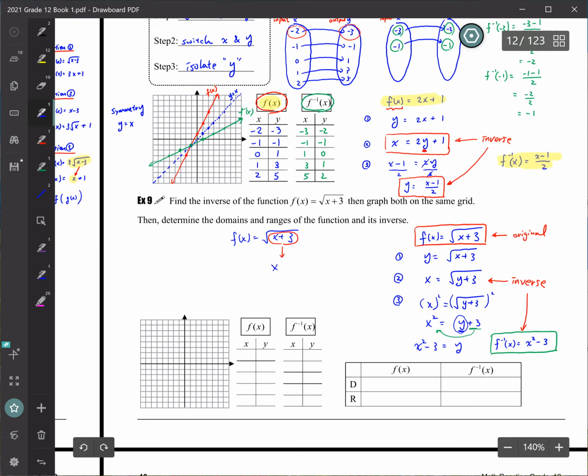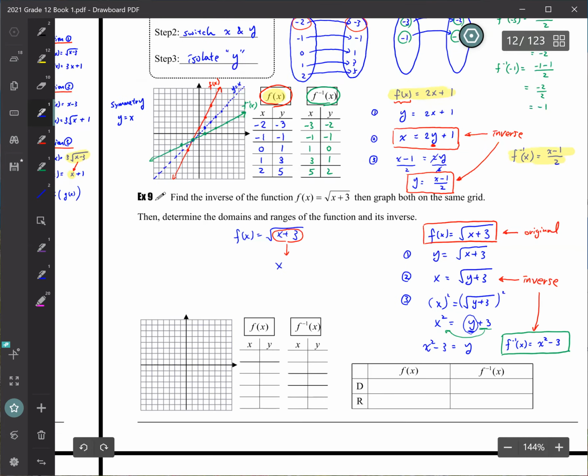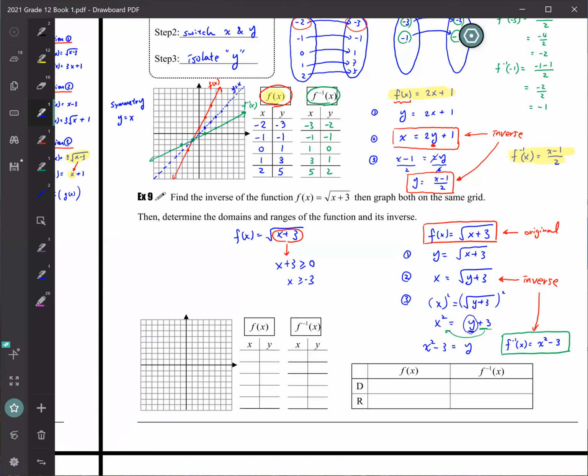Just like you remember the denominator cannot be 0, just like you remember you cannot cross the road when it's a red light. So x plus 3 has to be greater than or equal to 0. If we isolate the x, x will be greater than or equal to -3. That will be the rule for choosing your input.